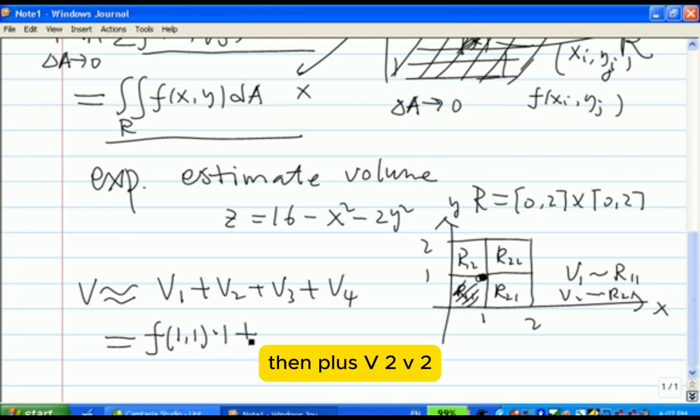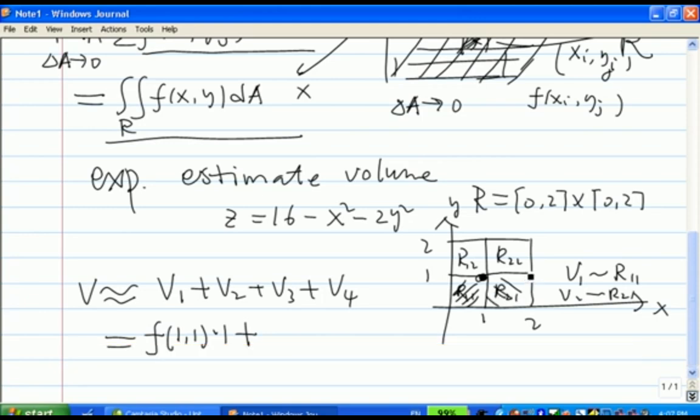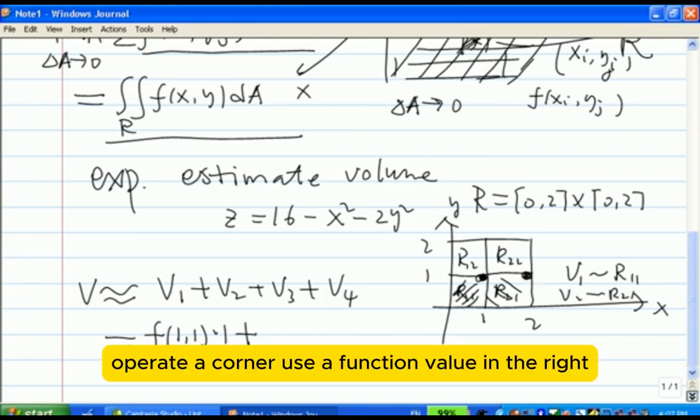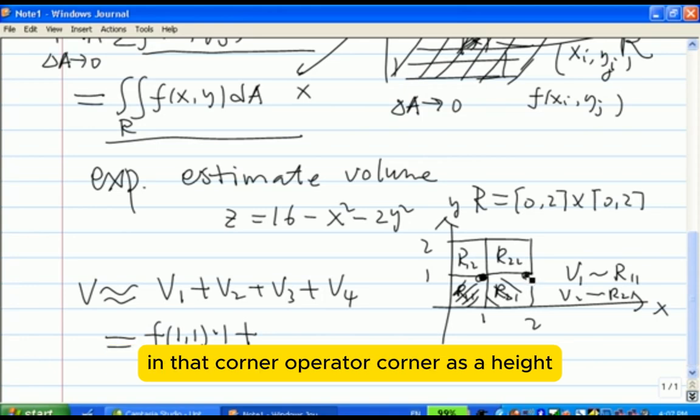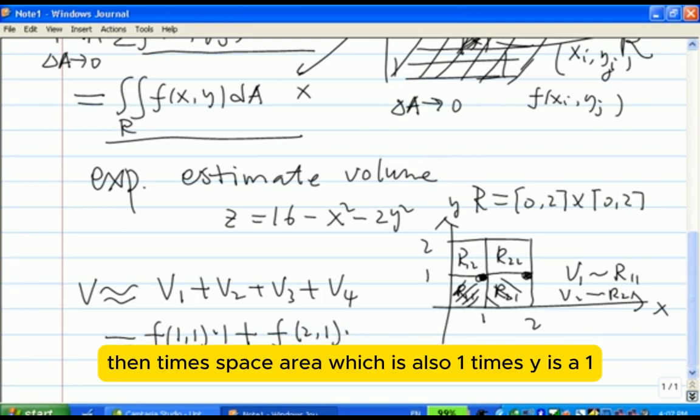Then plus V2, the rectangular box above R21, with the upper right corner, where x is 2, y is 1. We use the function value there as the height, then times the base area, which is also 1 times 1, is 1.